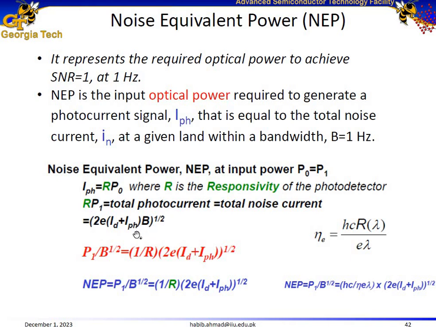Then reorder this equation and move the square root of the bandwidth to the left side. This represents the noise equivalent power. So this is the final expression for calculating the noise equivalent power. Its unit is watt per hertz to the power of 1/2.